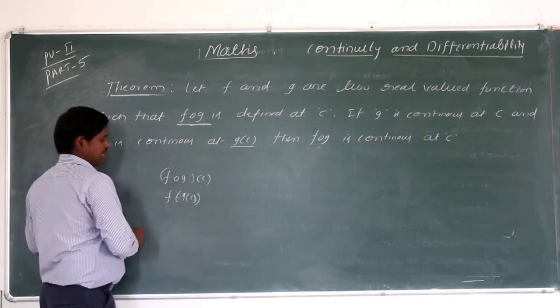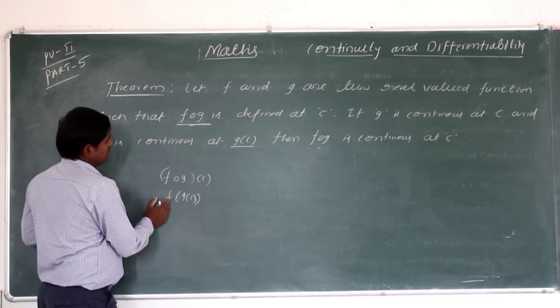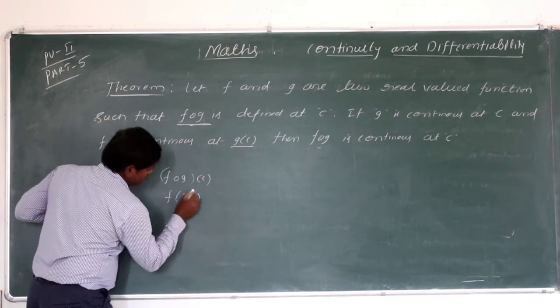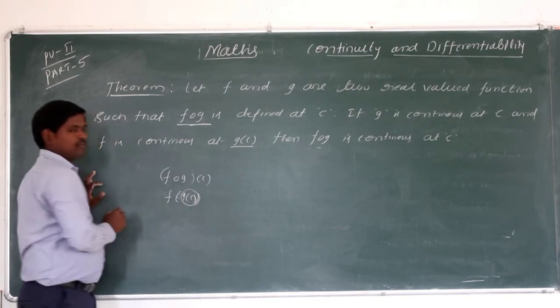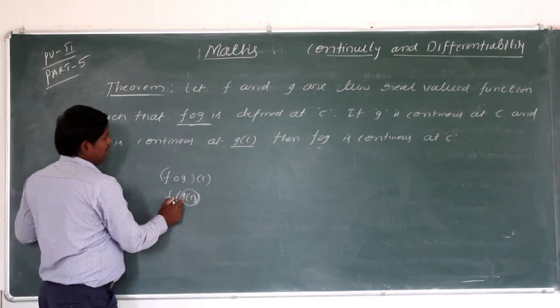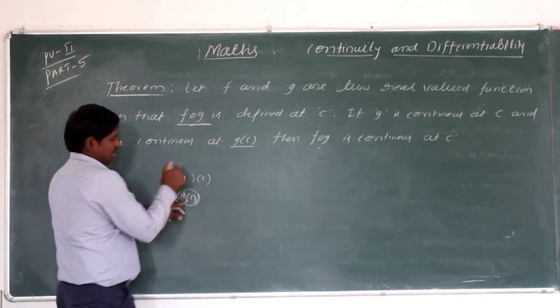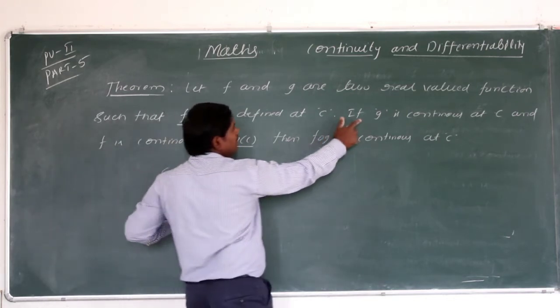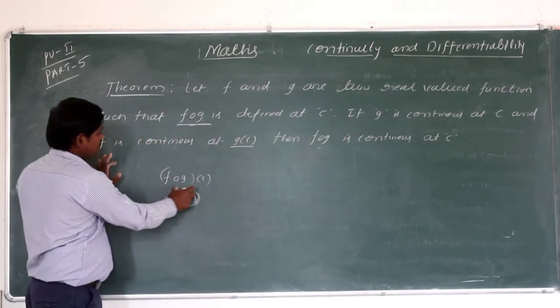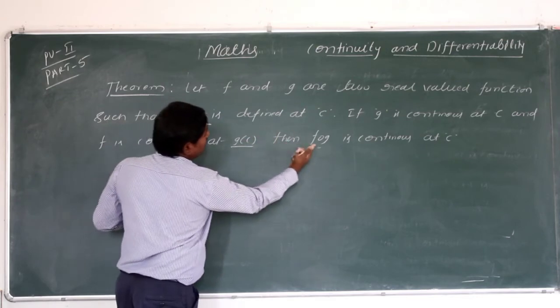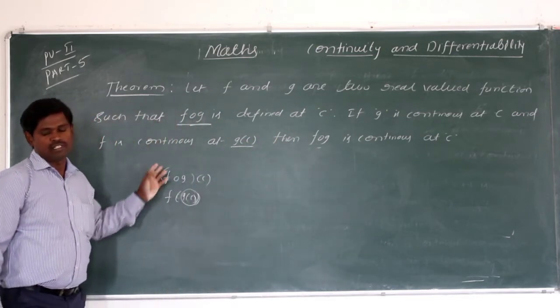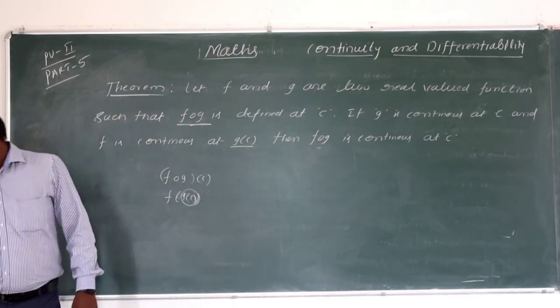So g is continuous at c and f is continuous at g of c, then f circle g is continuous. We will discuss this in the next problem.